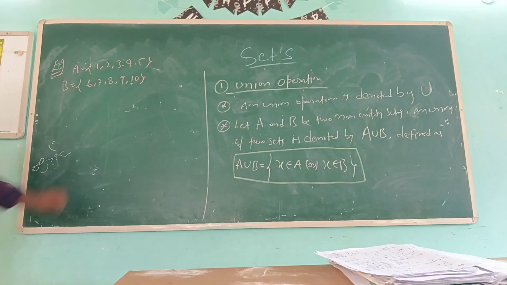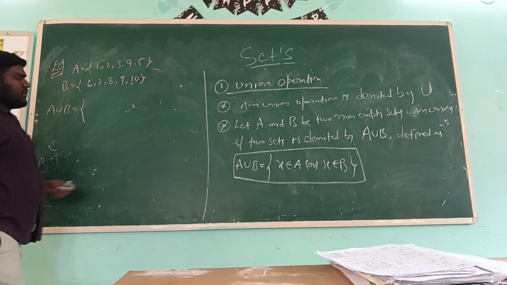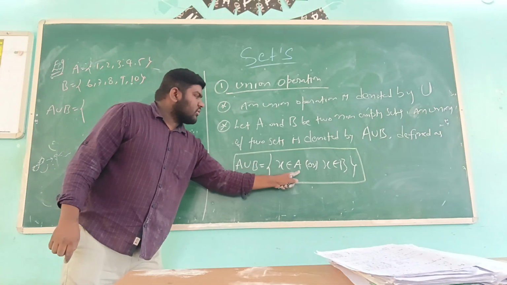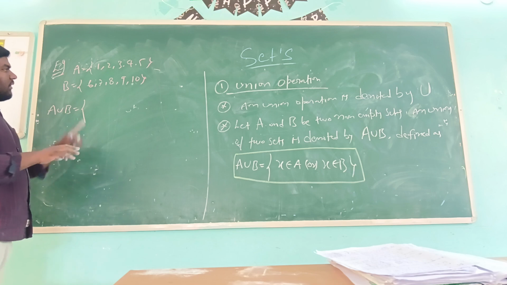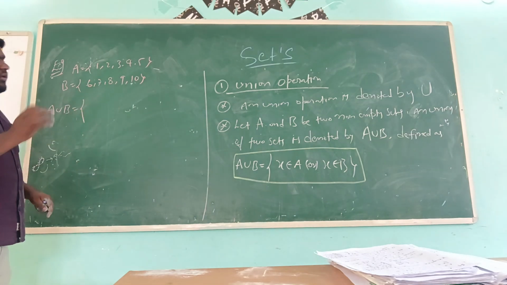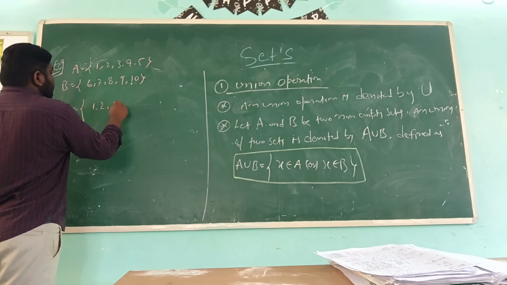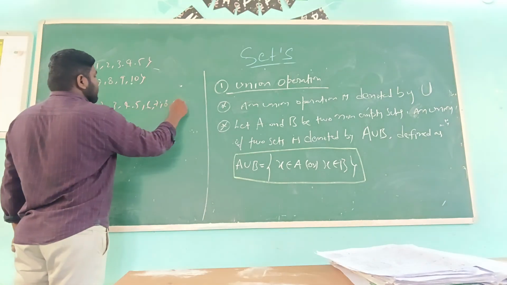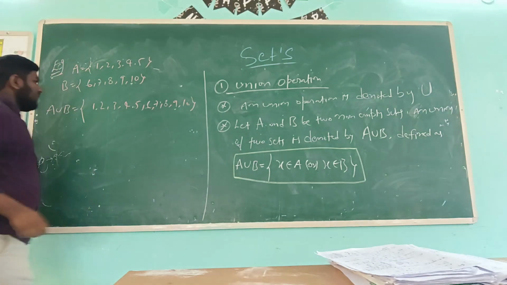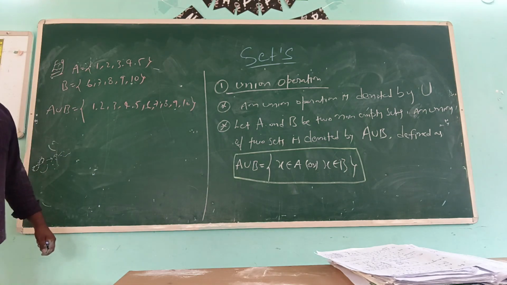Now A union B is defined as x belongs to A or x belongs to B. Write both, and any repeated element you take only once. Now 1, 2, 3, 4, 5, 6, 7, 8, 9, 10. This is called the union operator.